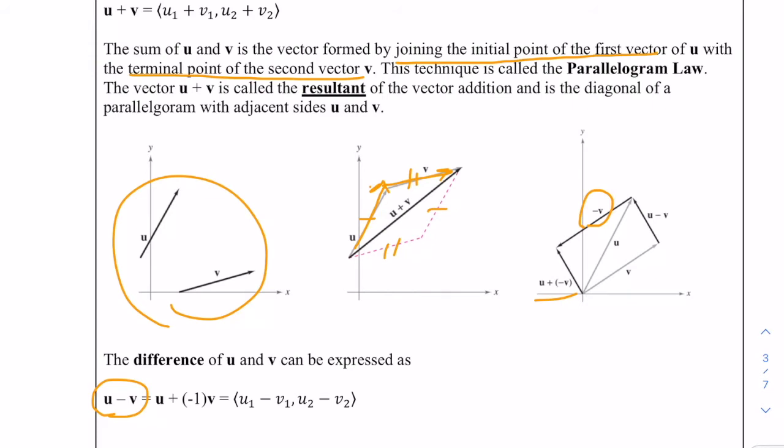Okay, so you can still see you're kind of making a parallelogram in a way. So here's the vector u, right? That ends up being the diagonal. And then you have minus the vector v, and you can see that this ends up being u plus negative v, or u minus v.